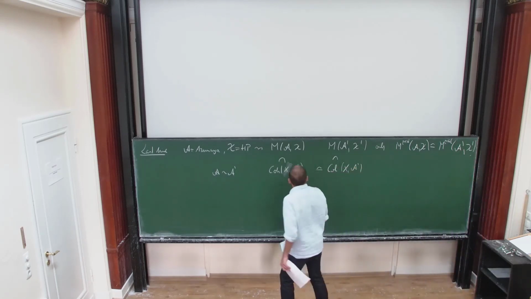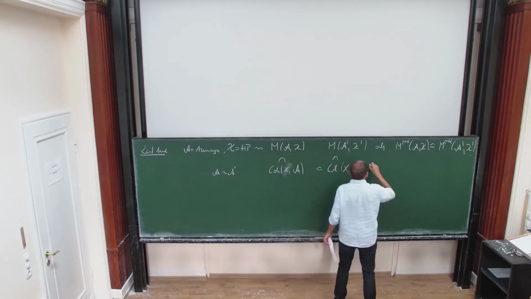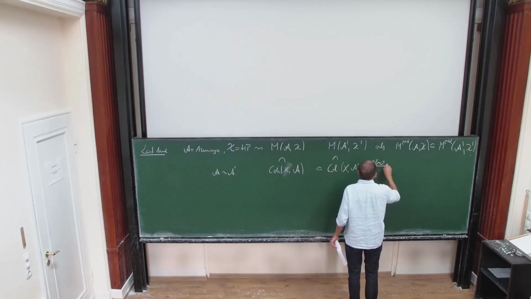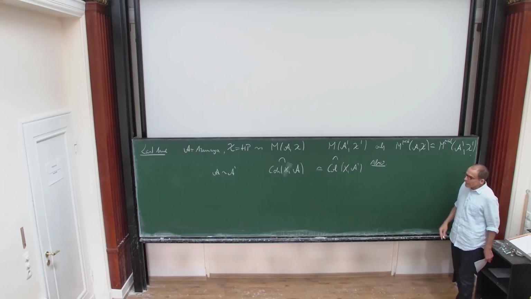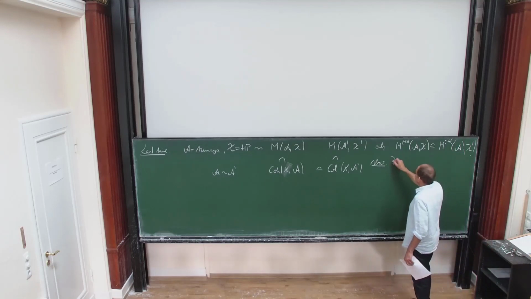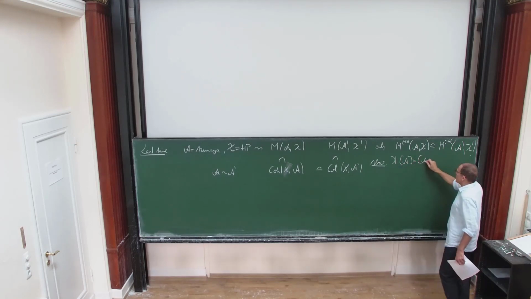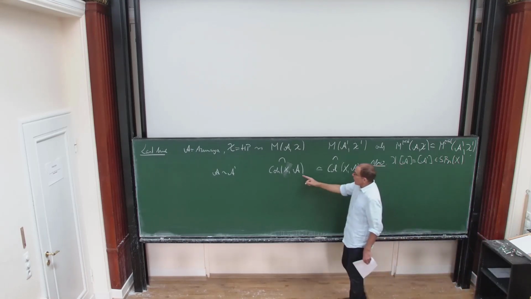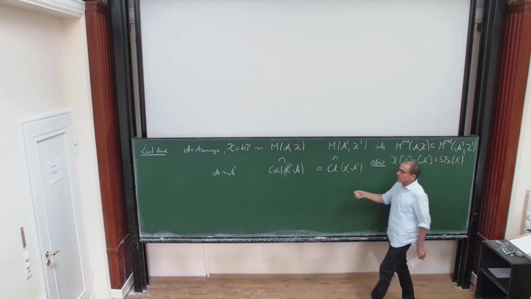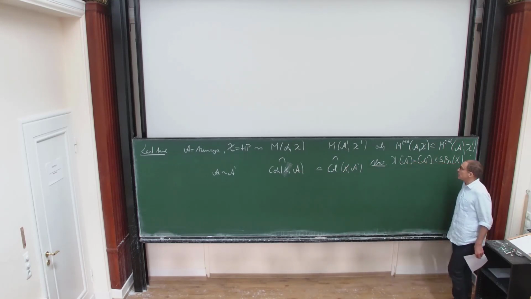And moreover, if the two Azumaya algebras are not only equivalent but actually give the same class in the special Brauer group, that means the equivalence now is only between A and A tensor the endomorphisms of a bundle with first Chern class zero.